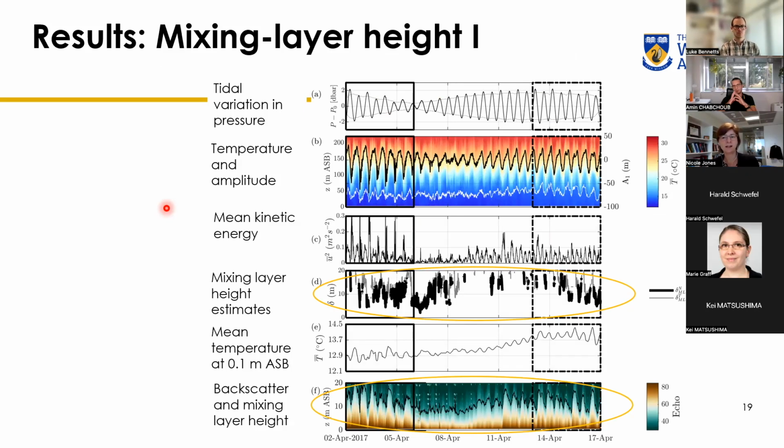And what we decided was that the backscatter measurement was a good way of observing the mixing layer height, and we used a criteria for change in concentration, which allowed us to follow this mixing layer height over this extended 2-week period of data.